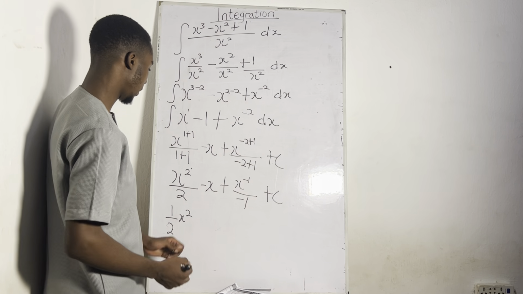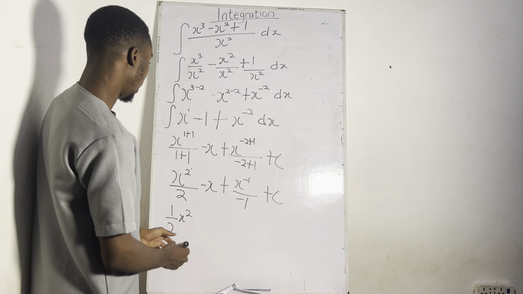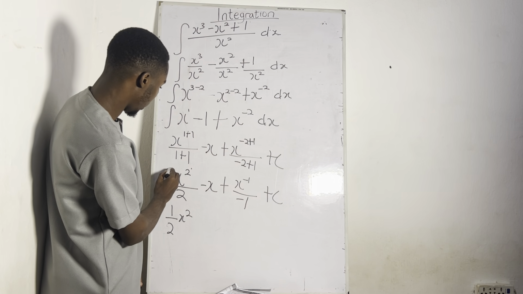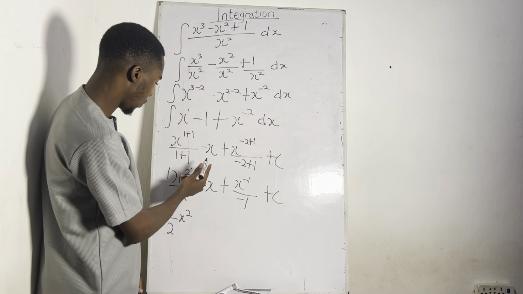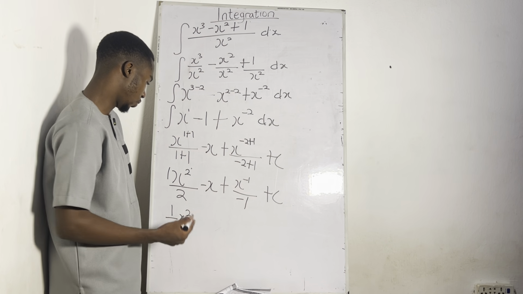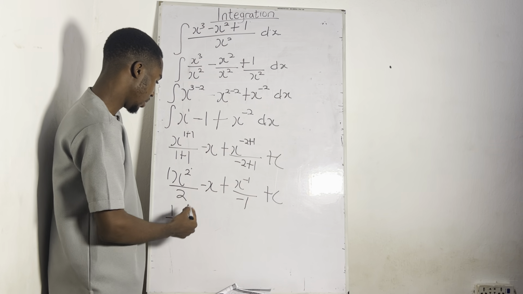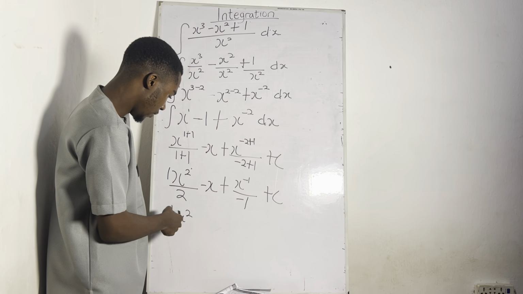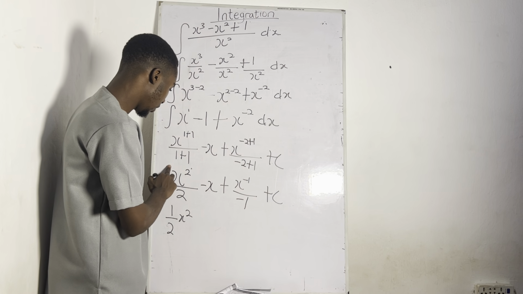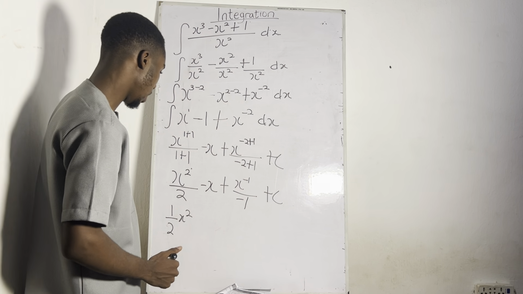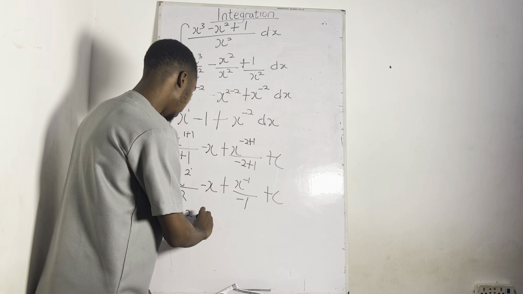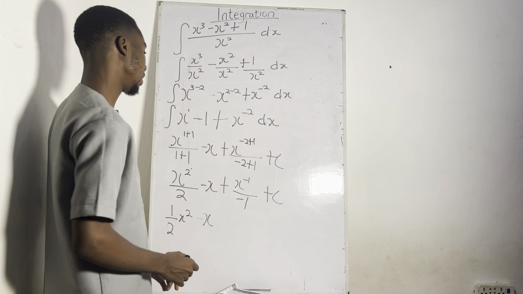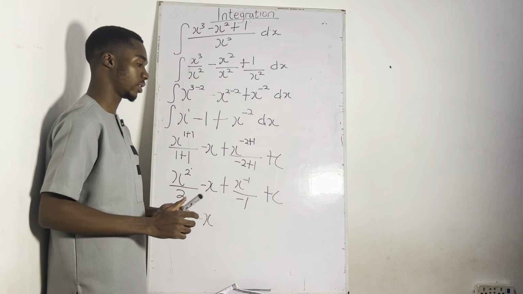So if you have something like x over 2 squared, you can just assume it's like saying 1x squared over 2. So at the end of the day, it becomes 1 over 2, then x squared. It's the same thing. So 1 over 2 x squared, then minus our x, then plus x exponent -1 over -1.